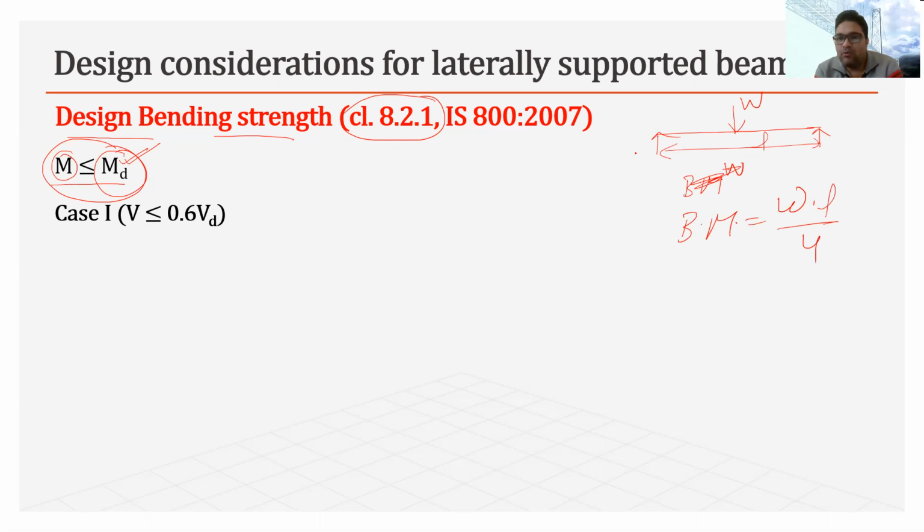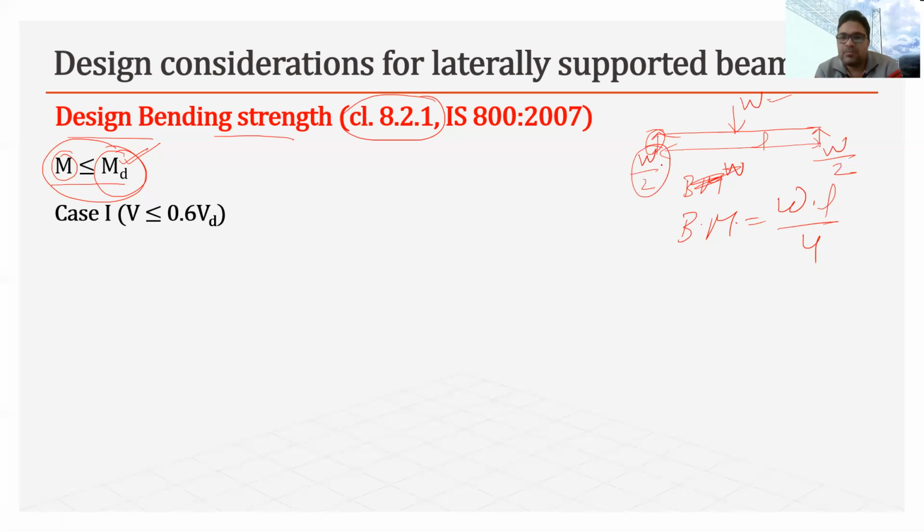If the load is centrally located, the reactions will be W by 2 and W by 2. So bending moment in this beam will be maximum below the load, but the maximum shear force will occur at the support, and that maximum shear force is generally equivalent to the support reaction.